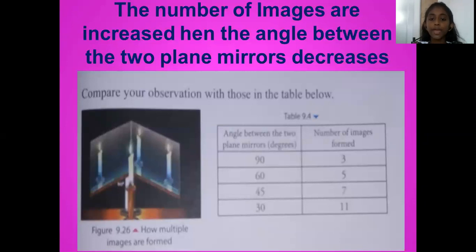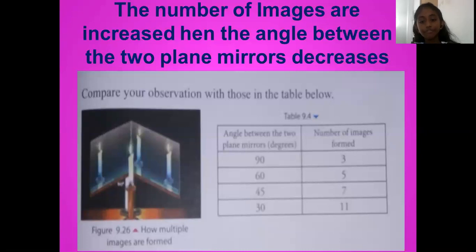So angle between the two plane mirrors, we measure it in degrees. If it is 90, the number of images formed is 3. And if the angle between the two plane mirrors is 60 degrees, the number of images formed is 5.